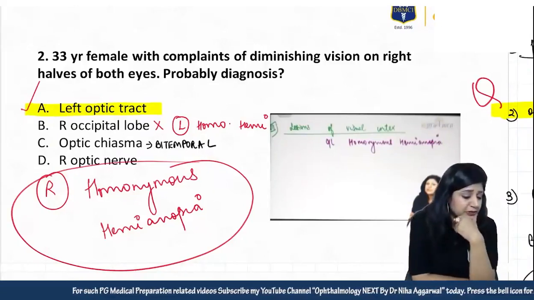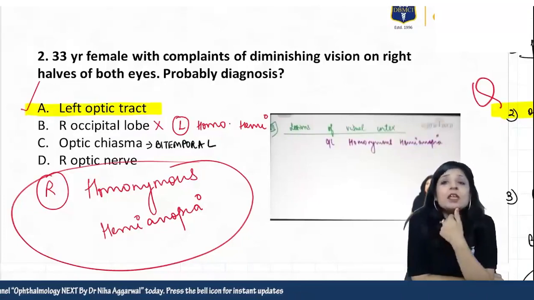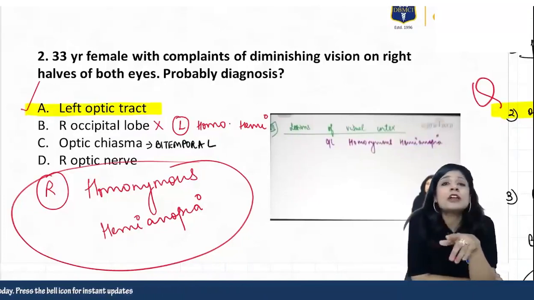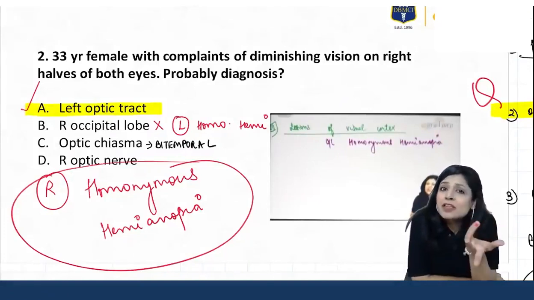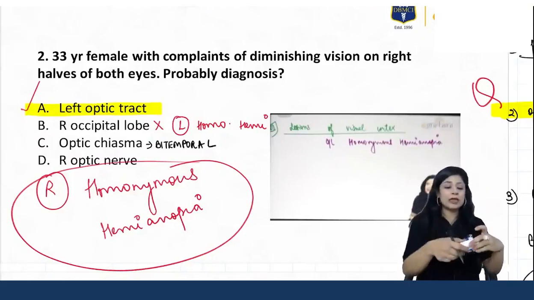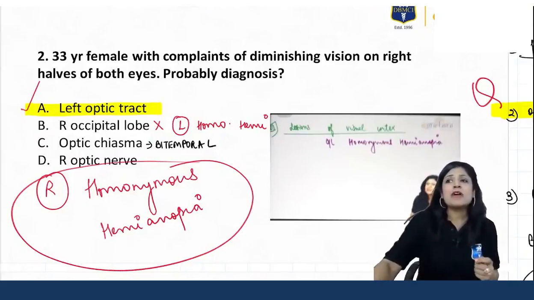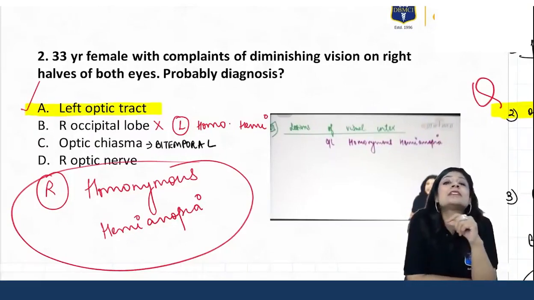How do we differentiate optic tract and optic radiation? Lavish, they had not given optic radiations in the options. If they would have given the optic radiations in the options, then they will actually point out, are they talking about temporal lobe or the parietal lobe? Because if I am talking about whole of the optic radiations, then the answer will be similar.